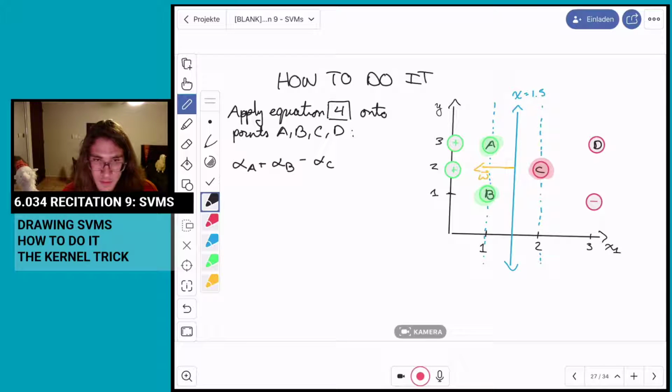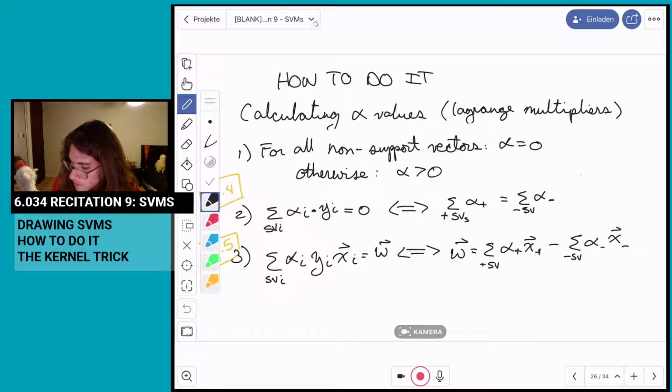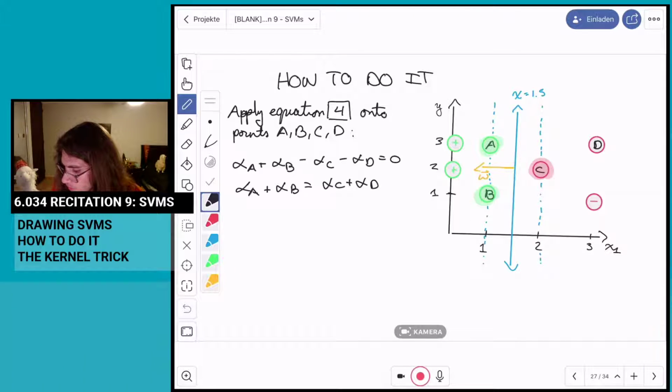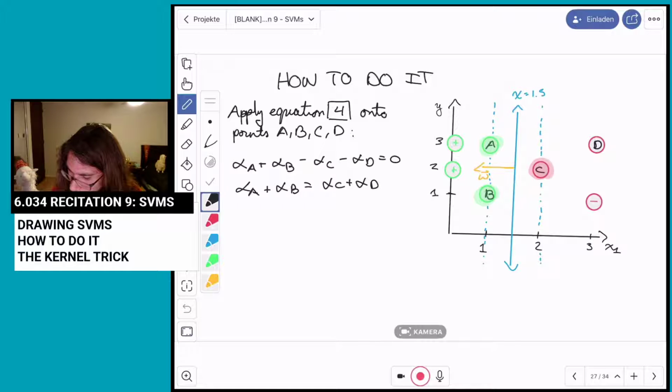The classification of support vector C is -1, and the classification of D is also -1, and this is equal to 0, which means alpha A plus alpha B is equal to alpha C plus alpha D. And now I go back and I see, well, non-support vectors have an alpha value of 0, and I see that D is way off in space over here, which means it's contributing absolutely nothing to my decision boundary, utterly useless. So the alpha value is going to be 0.